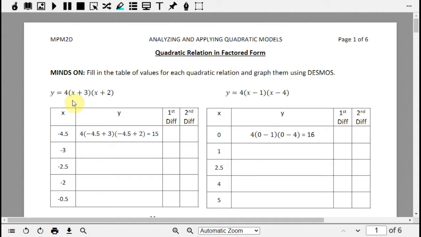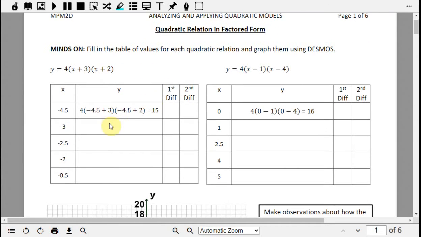So what we have here are two equations in factored form. y equals 4 times (x plus 3) times (x plus 2), and then y equals 4 times (x minus 1) and (x minus 4). Each of these has three factors: 1, 2, 3, 1, 2, 3 factors.